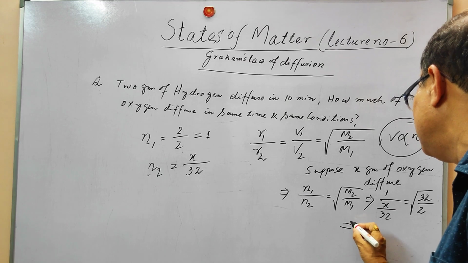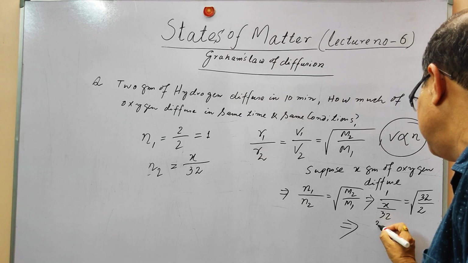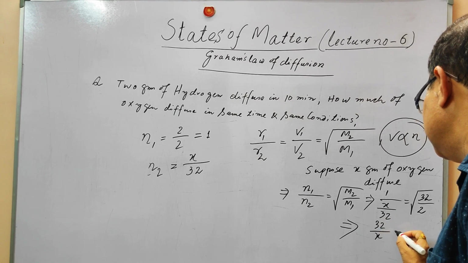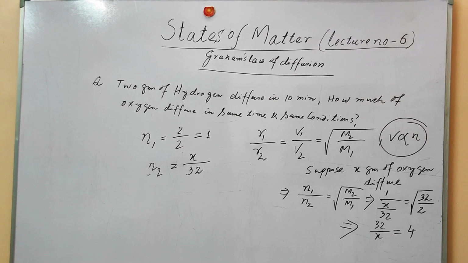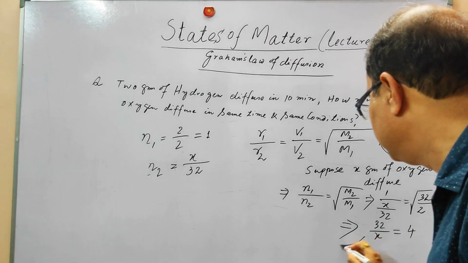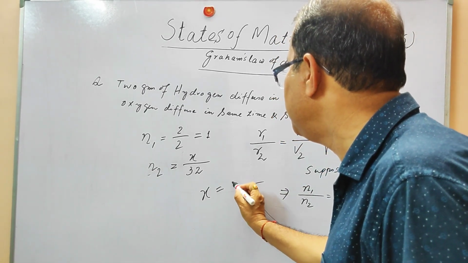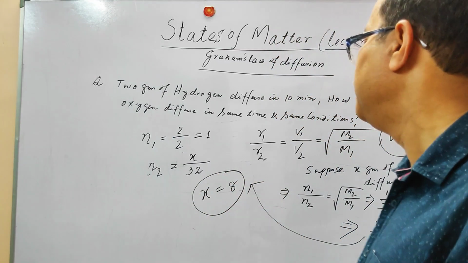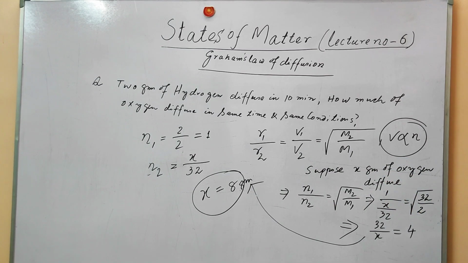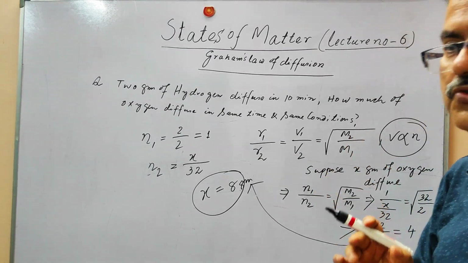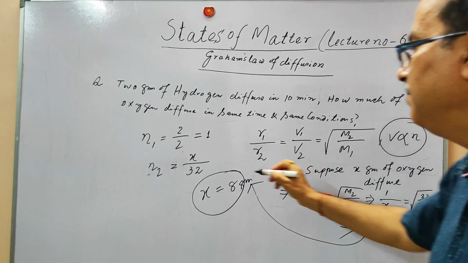So 32 by x is equal to 4. From this we get x equal to 8 gram. So when 2 grams of hydrogen diffuse in 10 minutes, the amount of oxygen that will diffuse is 8 gram.